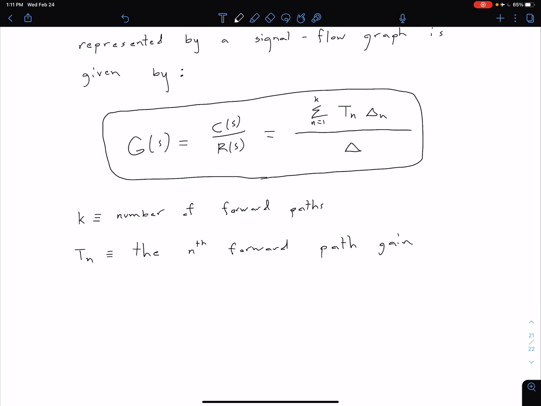Finally, we have 2 more items. First, let's define our delta, which is in the denominator. Our delta is defined as 1 minus the sum of our loop gains. We defined those as L1, L2, L3, and L4 in the previous video, but we might have more or fewer loops than that in a system. We are then going to add the sum of our non-touching loop gains taken 2 at a time.